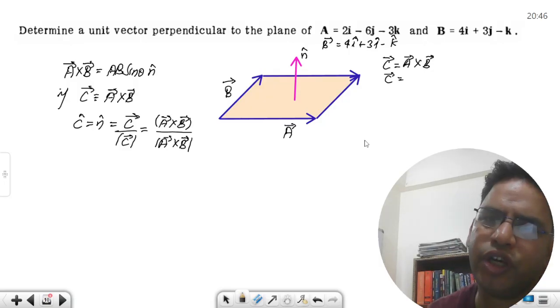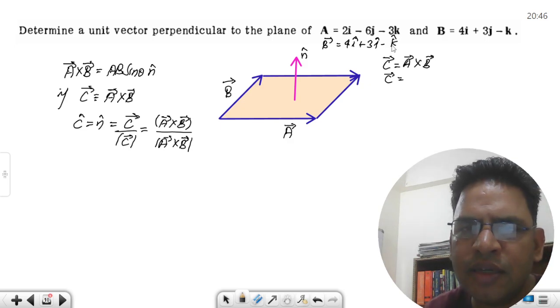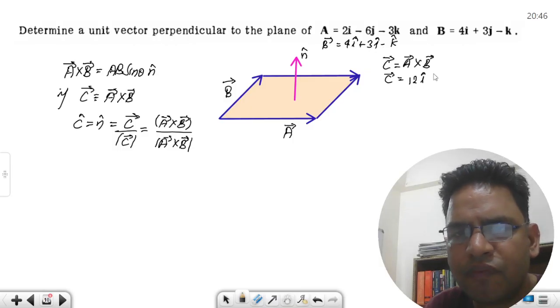So c1 is going to be essentially 6 plus 6 equal to 12 i cap. Okay, I think you can do it.